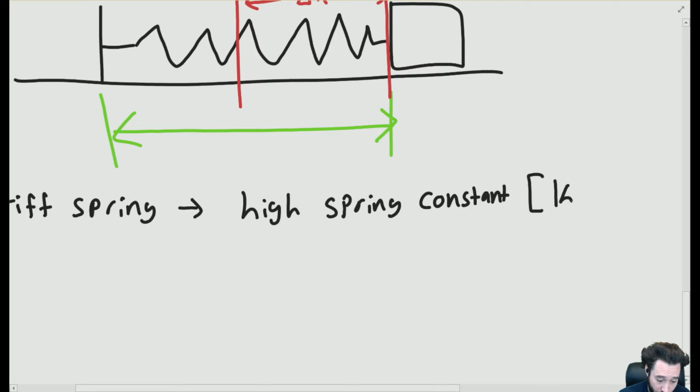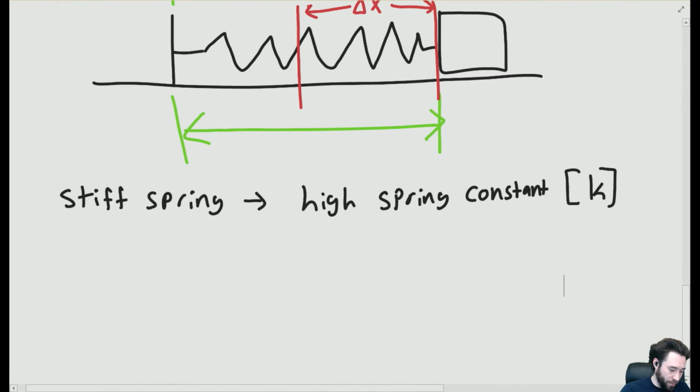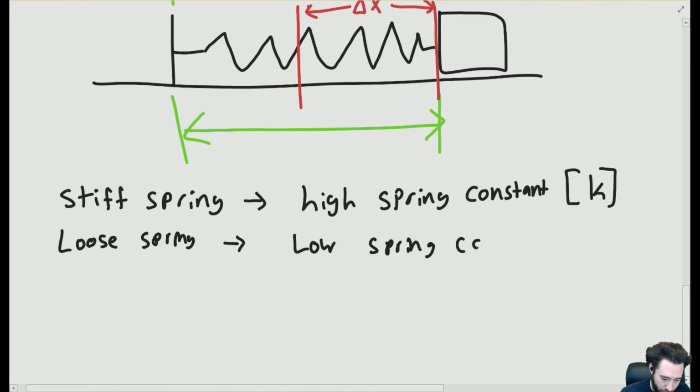And what I usually do is I do like a little hump like that, instead of like the normal k like that. It's kind of hard to do it on the screen like this. On the whiteboard, it's a lot more prominent. All right. And a loose spring has a low spring constant.